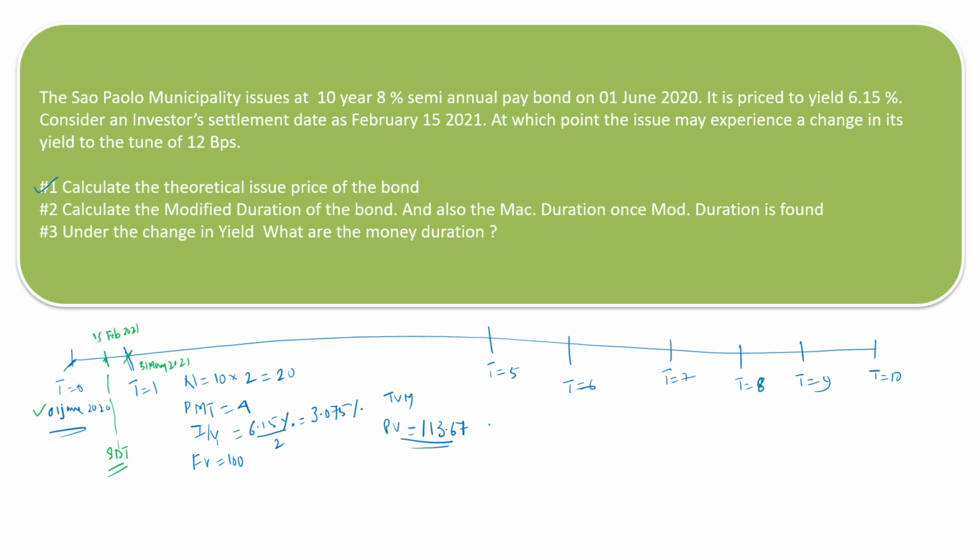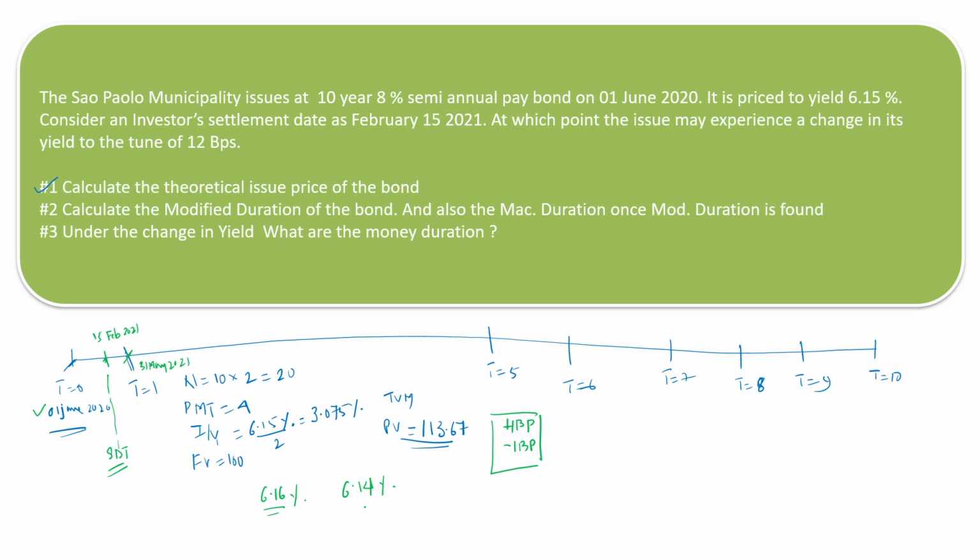The other way is a more traditional method advocated by the CFA Institute: shock your yield by 1 basis point on the plus side and 1 basis point on the negative side in your TVM problem, and then do the math by yourself. So all you have to do is, instead of 6.15%, make this 6.16% once, and then consider 6.14% once.